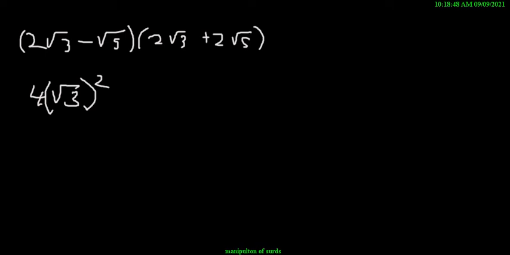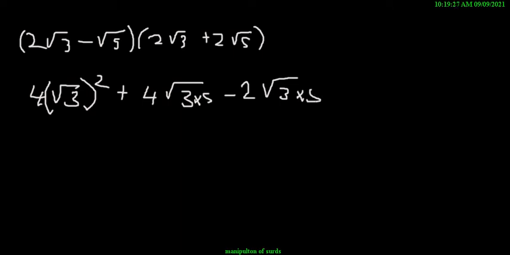And 2 root of 3 times 2 root of 5 simply becomes 4 root of 3 times 5, and negative root of 5 times 2 root of 5 is going to be 2 times root 5 squared.